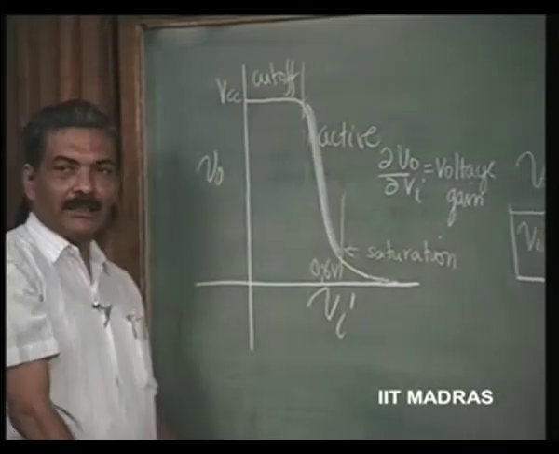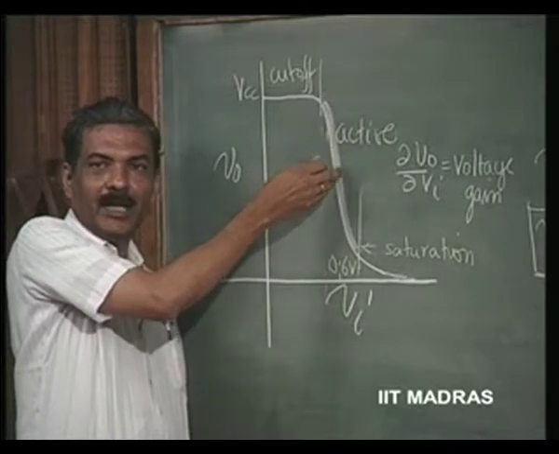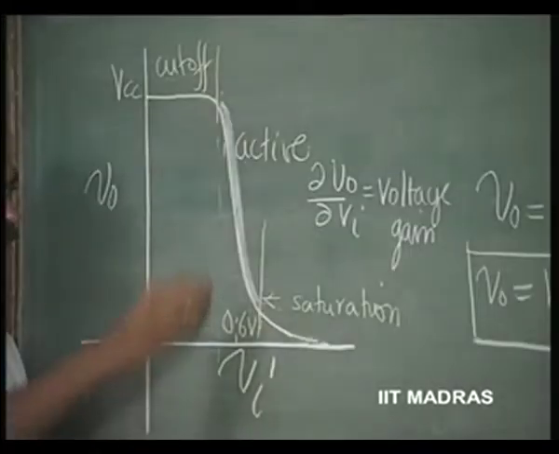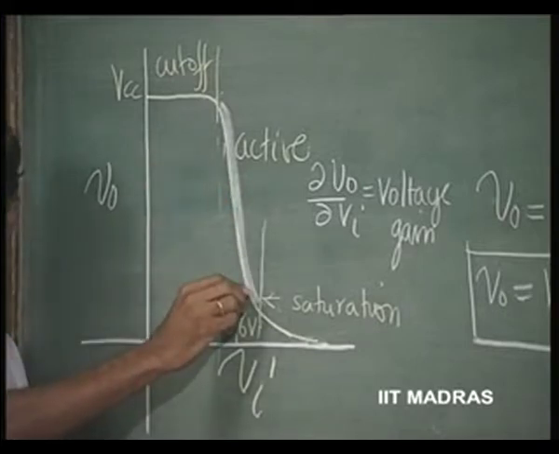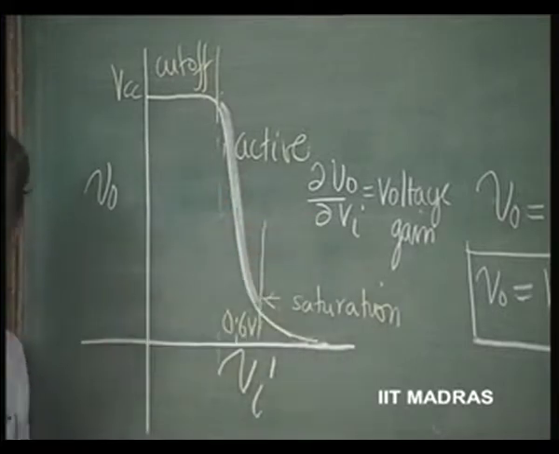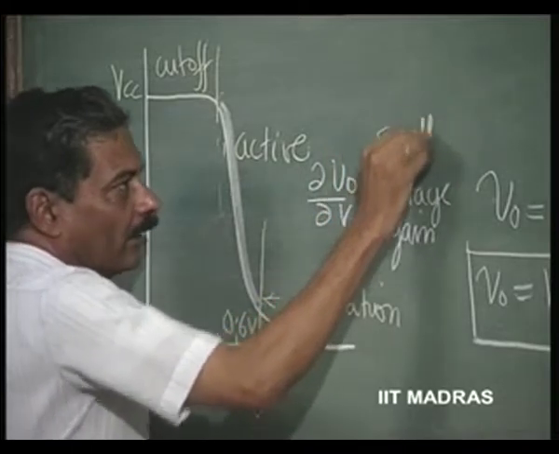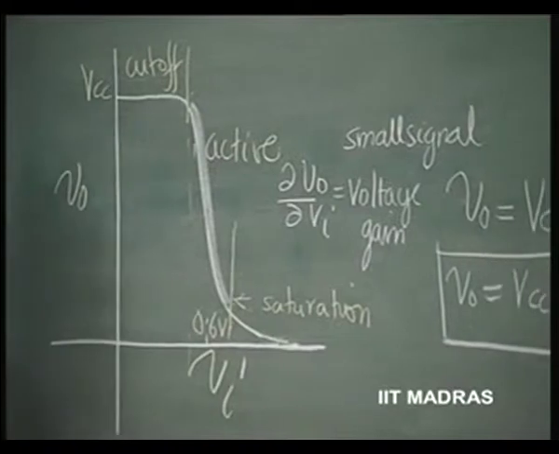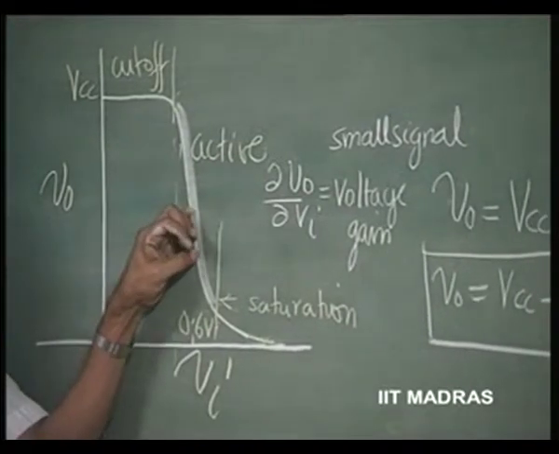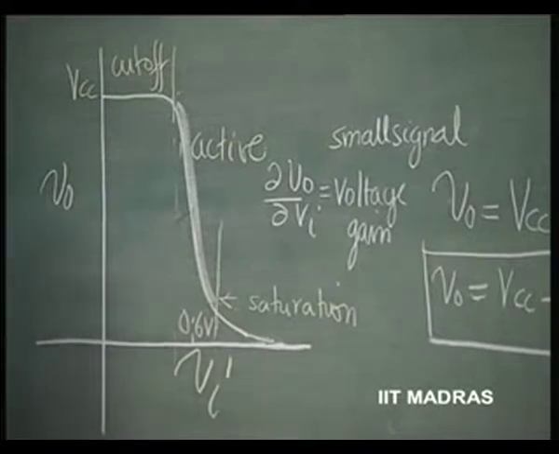Had this been linear, it would be constant, whereas here it is non-linear, so it will change depending upon the operating point. If I operate at this point, it will have some value; at another point, some other value. So, delta V naught by delta Vi is the small signal voltage gain. Because it is non-linear, the linear assumption is valid only for a small change in voltage.